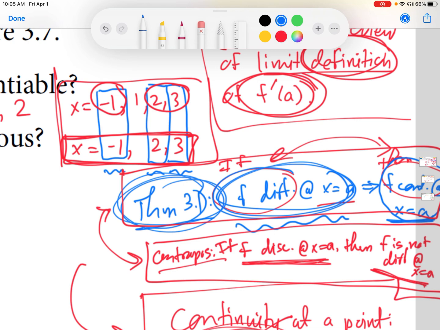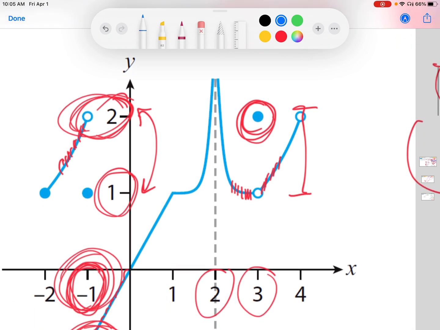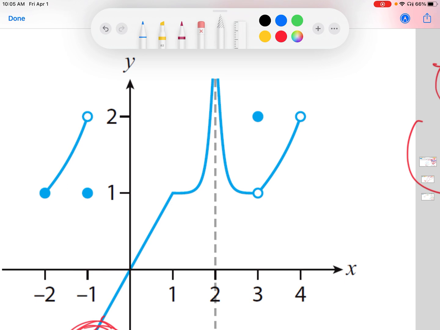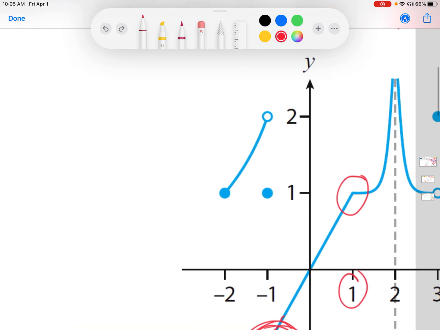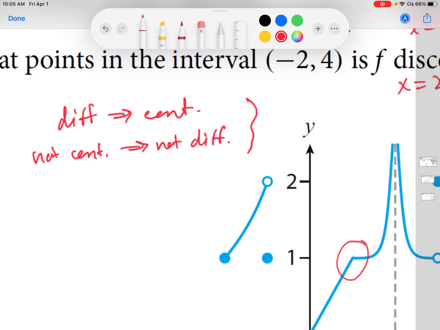There is another value, though, at x equals 1. Let's go back to 1 and see what was special about it. This is where it pays to think more critically about the logic. At x equals 1, the function is continuous. I can still draw my graph without lifting my pencil, but it's not differentiable. So the thing to keep in mind is that differentiability implies continuity. Not continuous implies not differentiable. That's what we just talked about, and that is what is true.